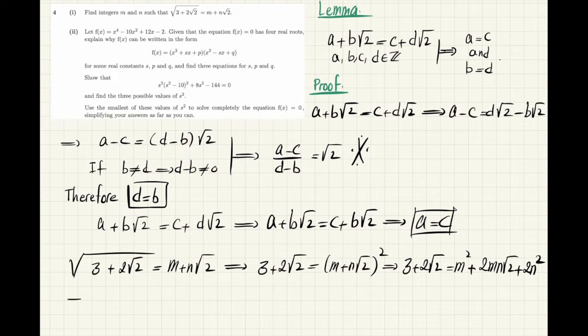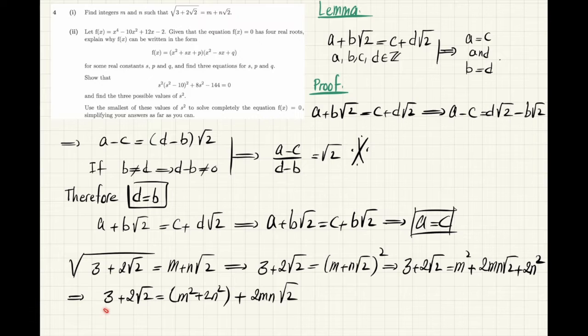Okay, but let me write it in this form. On the right hand side I can combine m squared plus 2n squared together, and I will have 2mn square root of 2. Now I can use my lemma, because it is mentioned in the problem that m and n are integers, so this combination is an integer, and this combination is also an integer.